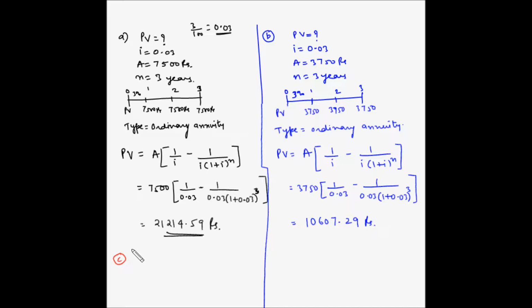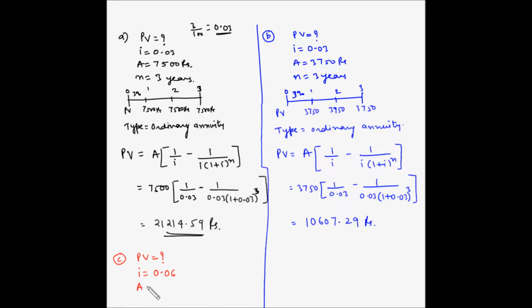Part C says: what if everything remains the same as part A, but instead of receiving 3% interest, now you are receiving 6% interest. So how much money should you deposit today in order to get 7500 rupees at the end of each of the next 3 years? So we have to find the present value. Interest rate is 6%.